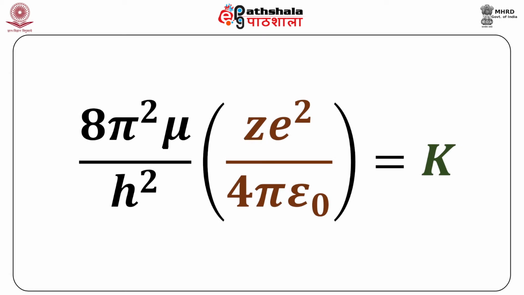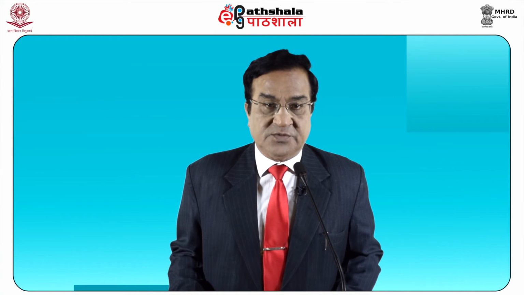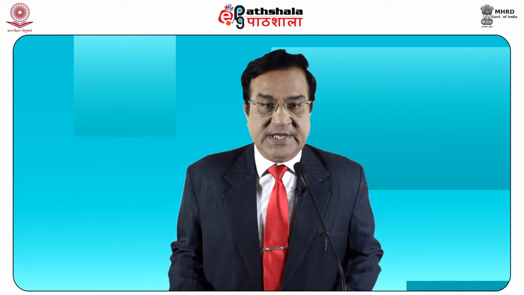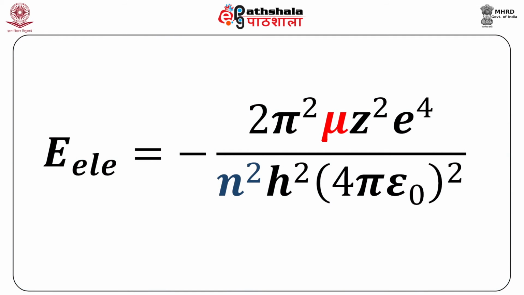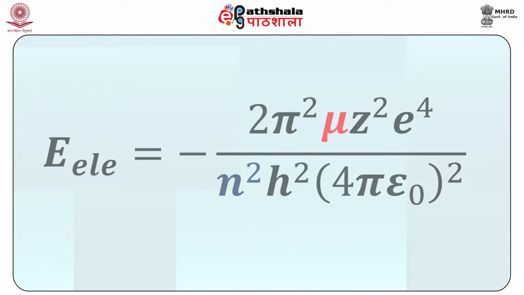And you also know K is equal to 8 pi square mu upon h square into Z square upon 4 pi epsilon 0. If we make these substitutions and rearrange, you can see we are getting E electronic, which is the electronic energy of the hydrogen atom. And this is minus 2 pi square mu Z square e to the power 4 upon n square h square (4 pi epsilon 0) whole square. So this is the energy which we get.